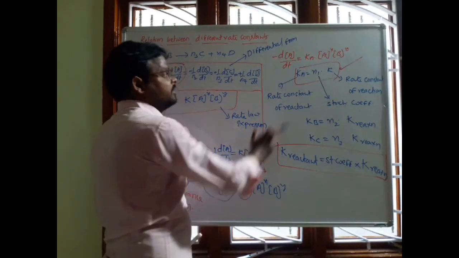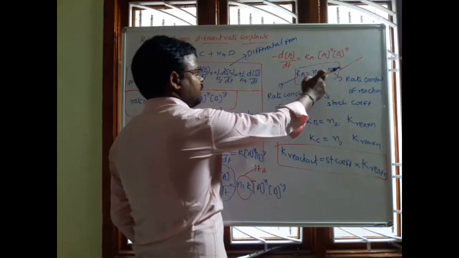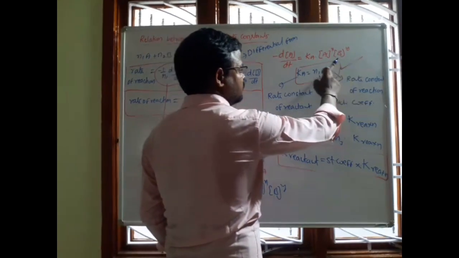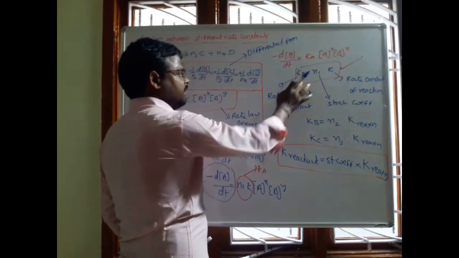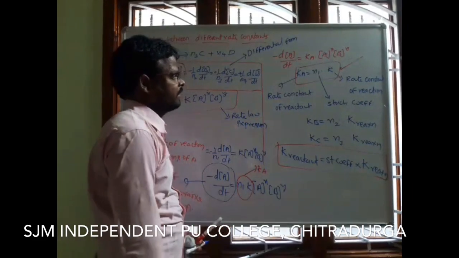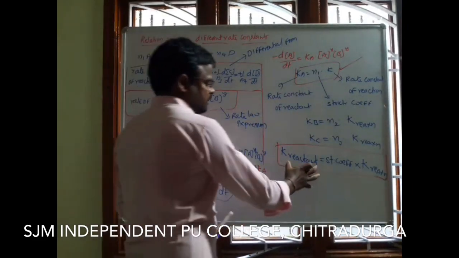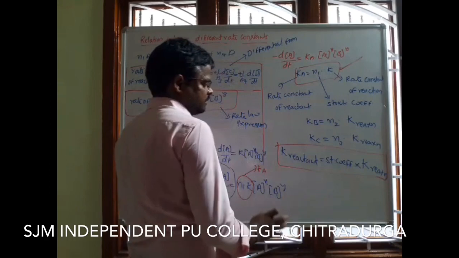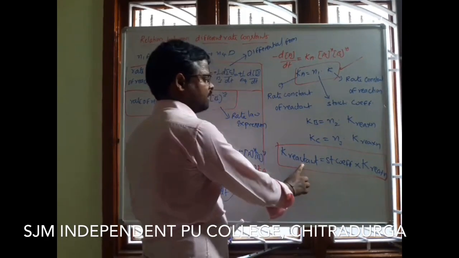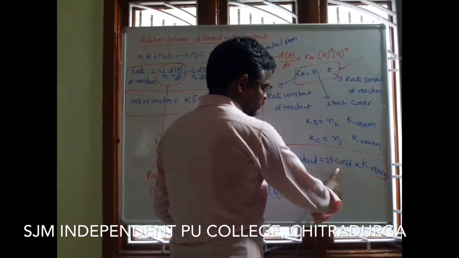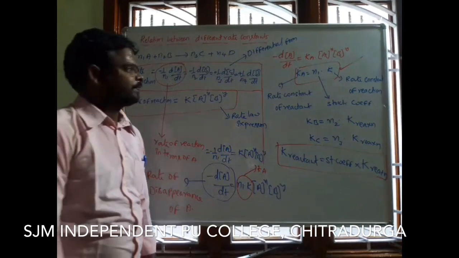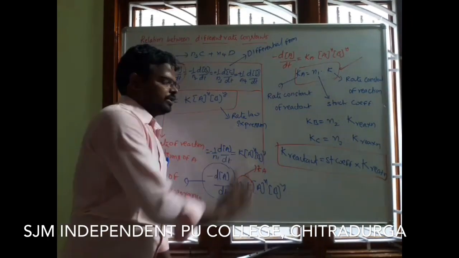Ka equals N1 into K, where N1 is the stoichiometric coefficient of reactant A, K is the rate constant of the reaction, and Ka is the rate constant of the reactant. Finally, the general relation is that the rate constant of a particular reactant equals its stoichiometric coefficient into the rate constant of the reaction. Now, by using this, you can solve one problem.